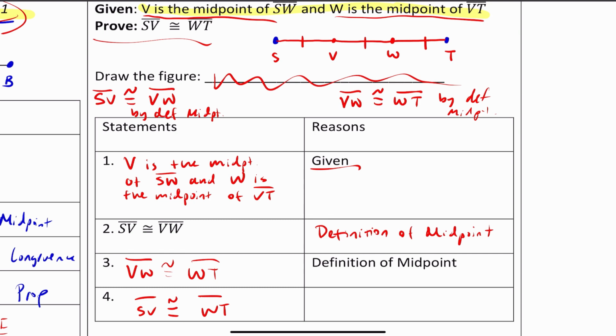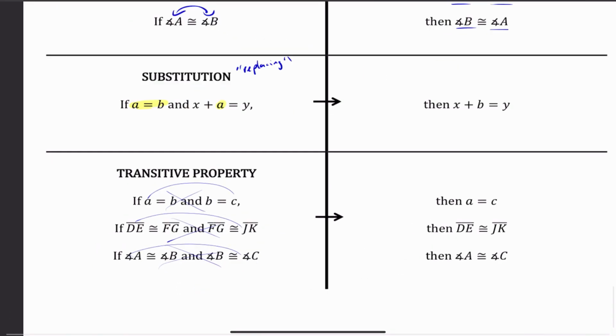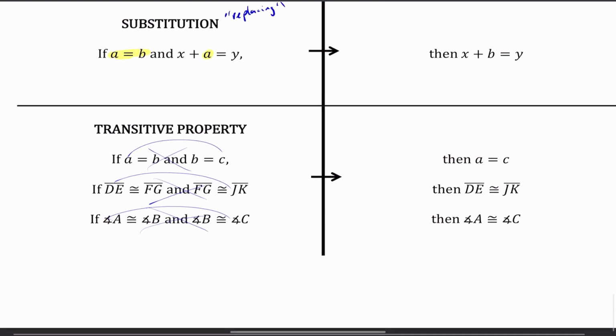But why? Well, let me go back to the pink sheets. And I'm going to show you this. It's called the transitive property, which says if A is equal to B and B is equal to C, then A is equal to C. Or, specifically this one, if segment DE is congruent to segment FG and segment FG is congruent to segment JK, then segment DE is congruent to segment JK.